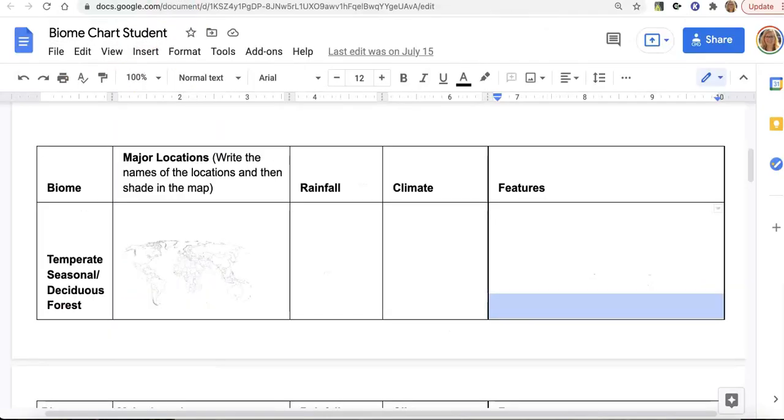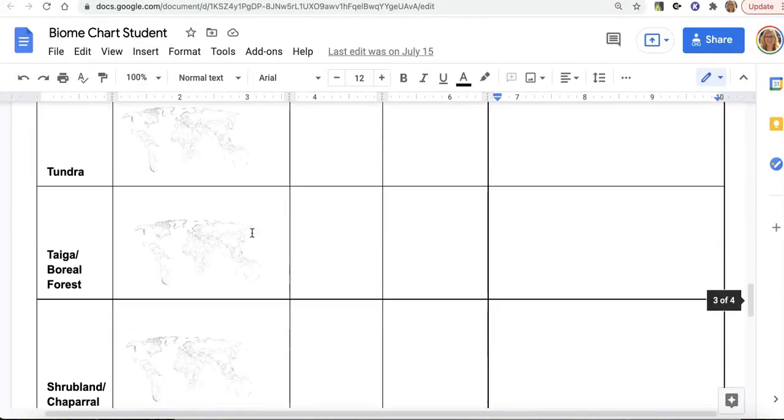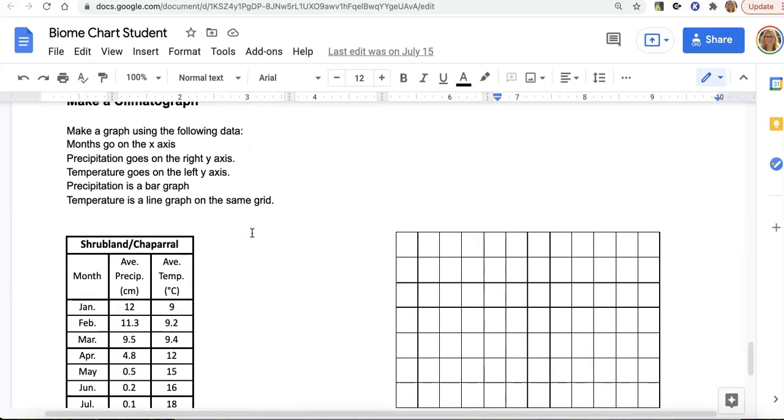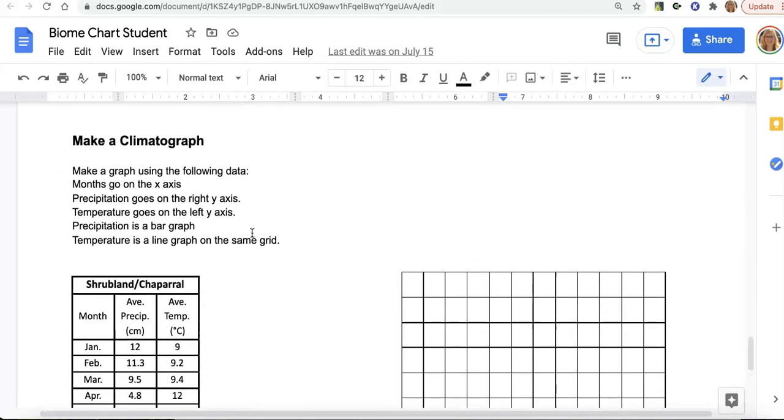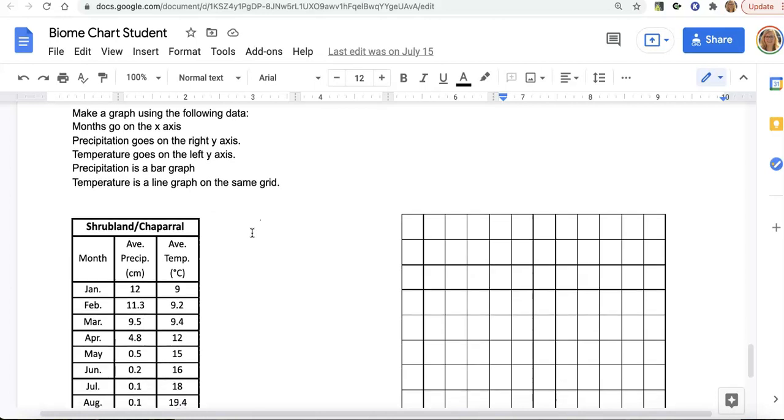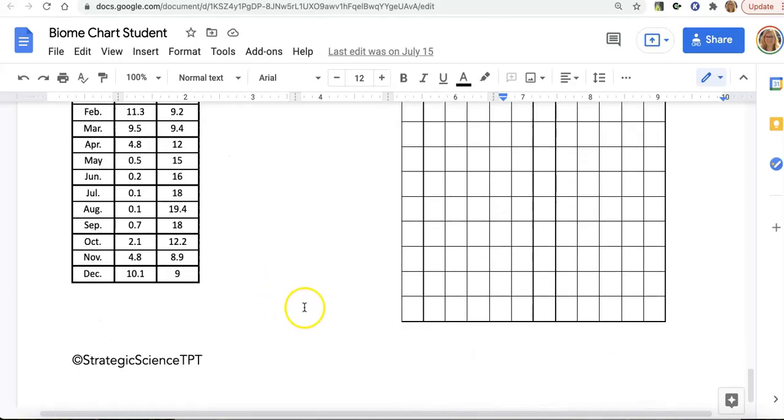Right now you're going to practice graphing. So go ahead and take this data, and on the x-axis you're going to put the months, and you're going to make a bar graph down here. So January, February, March, April, May, June, July, August, September, October, November, December.